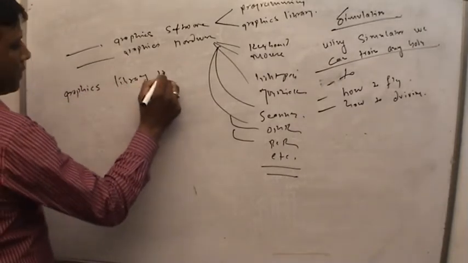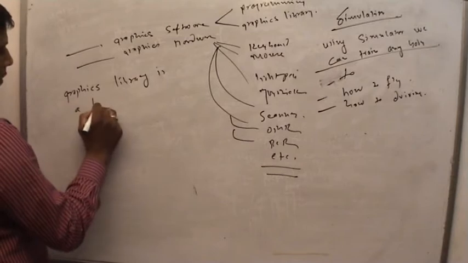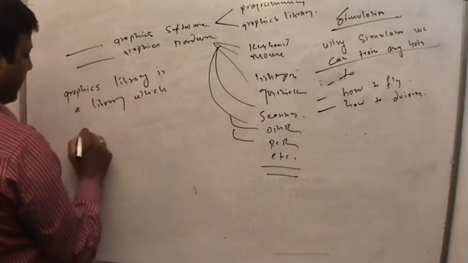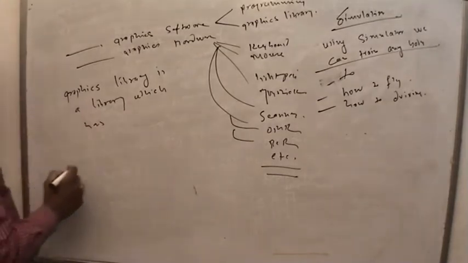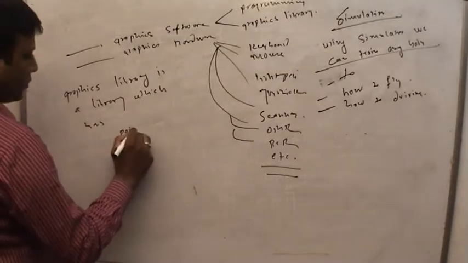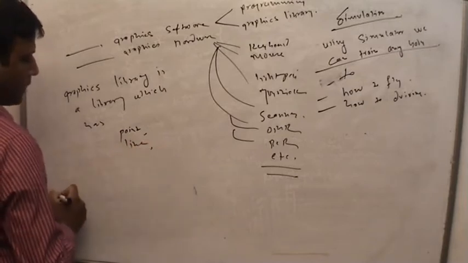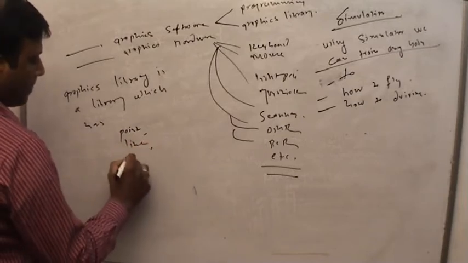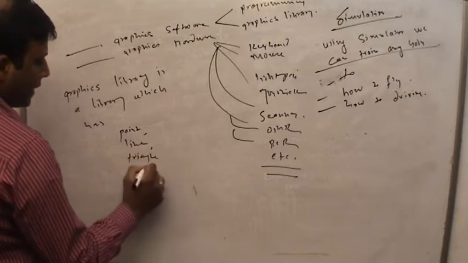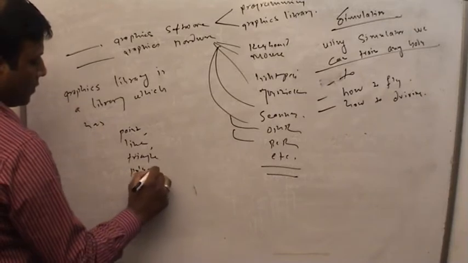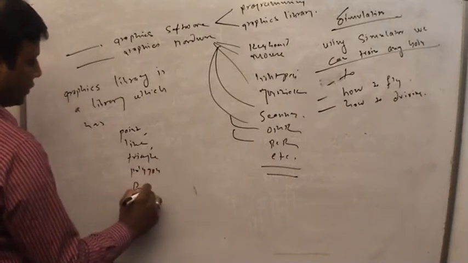Graphics library is a library which has point, line, triangle, polygon functions.